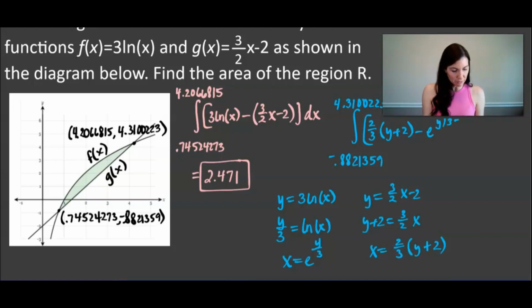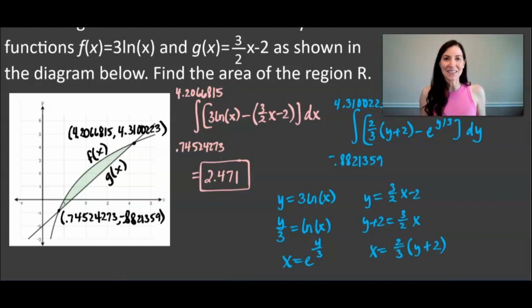And this is going to be a dy problem. So now you can see that's why I would have chosen to do the function in terms of x, but it's really cool to see that you can solve this by using right minus left or make it a dy problem.